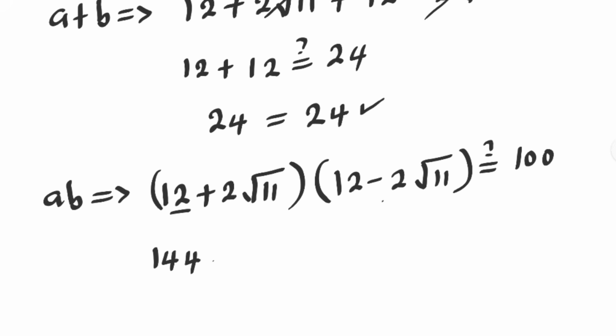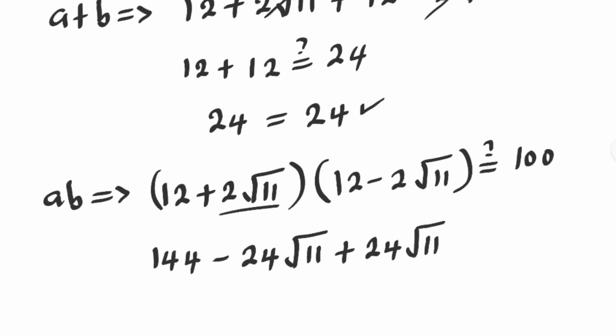Then 12 multiplied by minus 2 root 11, that is minus 24 root 11. 2 root 11 multiplied by 12 plus 24 root 11. Then 2 root 11 multiplied by minus 2 root 11, that is minus 4 multiplied by square root of 11 square must be equal to 100.